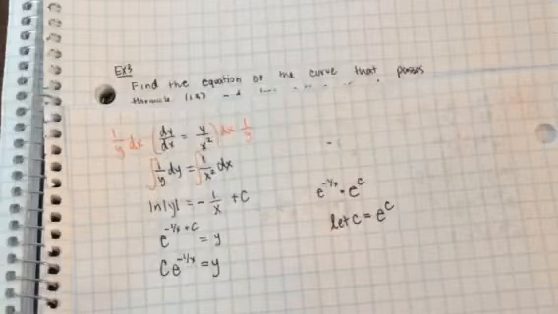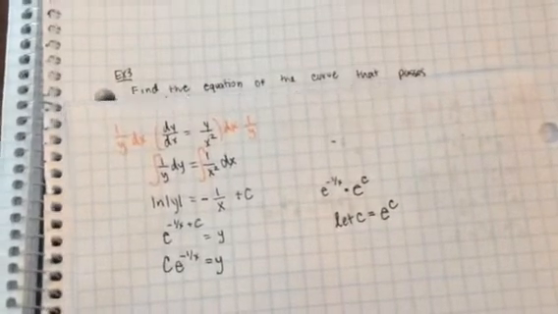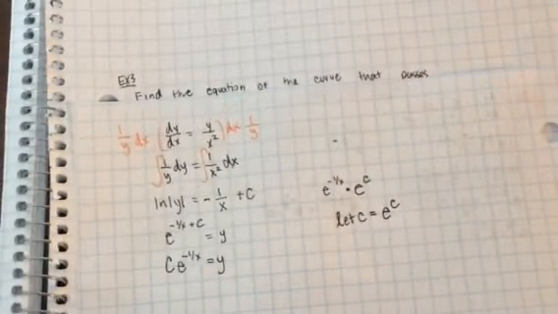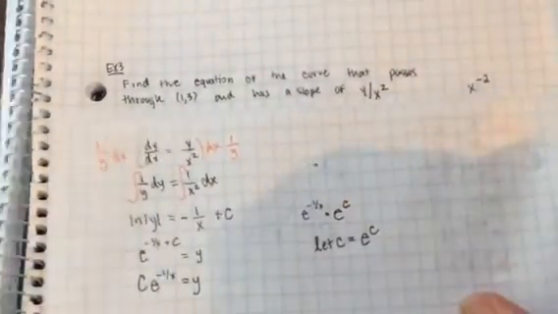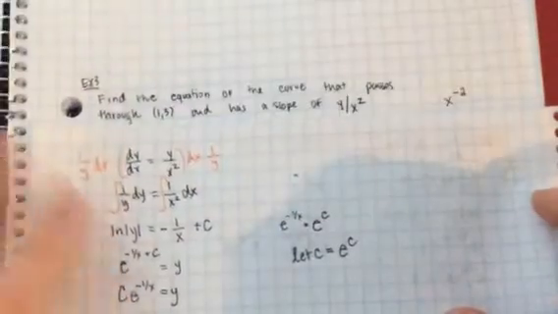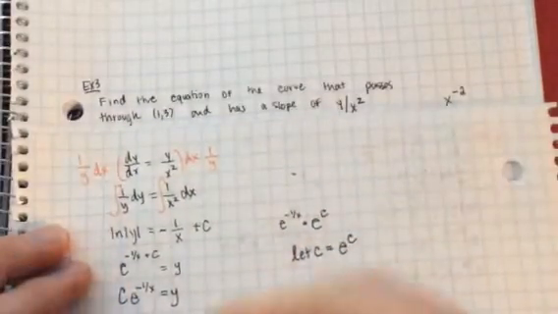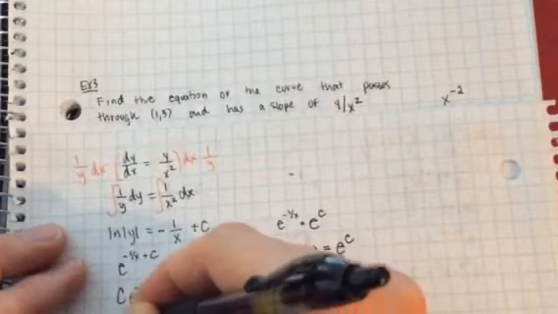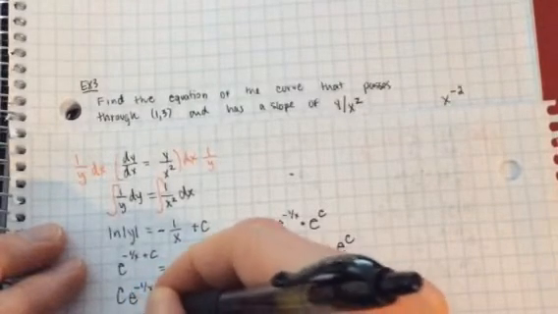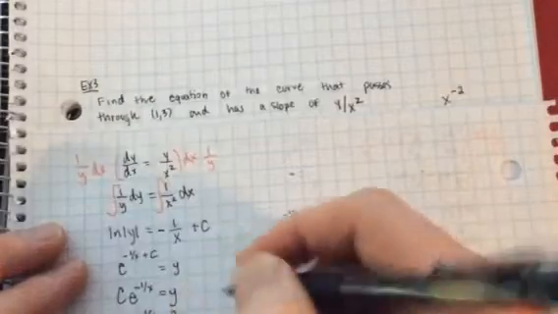Alright, so we need to now plug in our initial condition. Remember they gave us the initial condition that we knew the ordered pair (1, 3). So that would be c times e to the negative 1 over 1 is equal to 3.